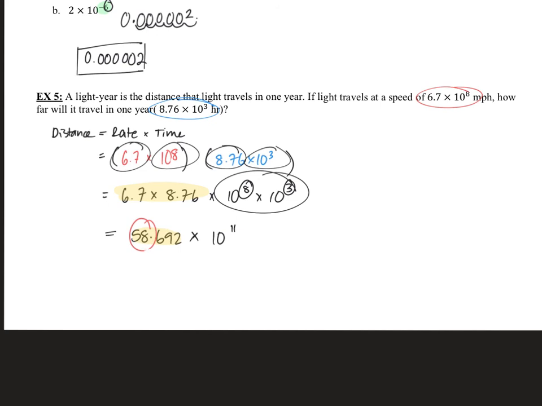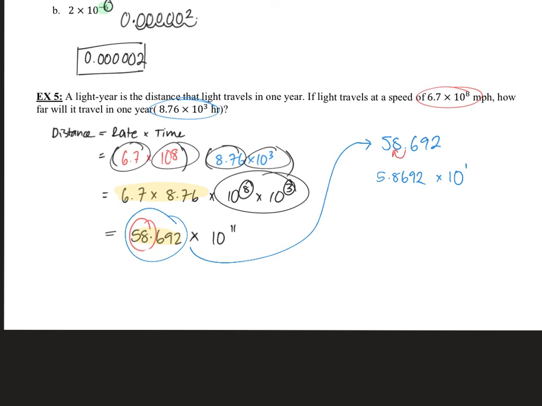So we're going to have to go ahead and change this into scientific notation. So let's take a look at the 58.692. We want to change that into scientific notation. Well, to do that, let's go ahead and move the decimal over until we get a number between 1 and 10. And we get 5.8692. But we move the decimal over once, so it's going to be 10 to the 1 power.